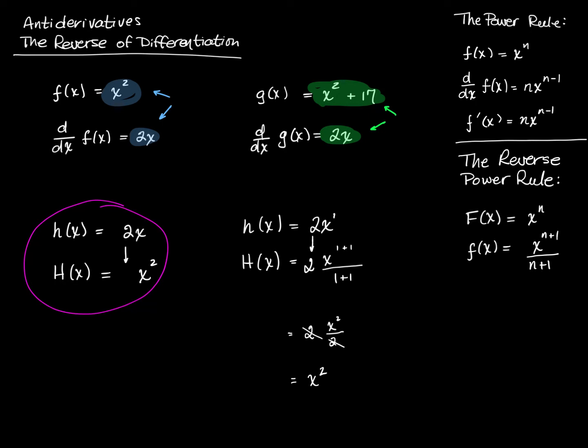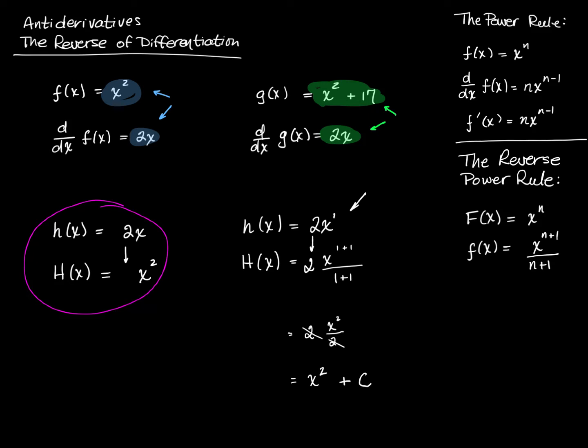How can we account for the infinite possible number of antiderivatives of 2x? If we could have any constant at the end of x squared, and when we take its derivative, end up with 2x, how can we account for this infinite number of possible antiderivatives? Well, the answer is that we just say that the antiderivative of 2x is x squared plus any constant.